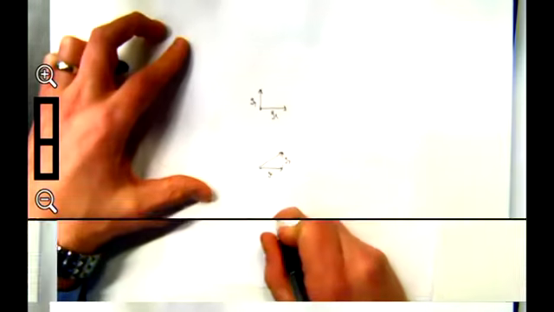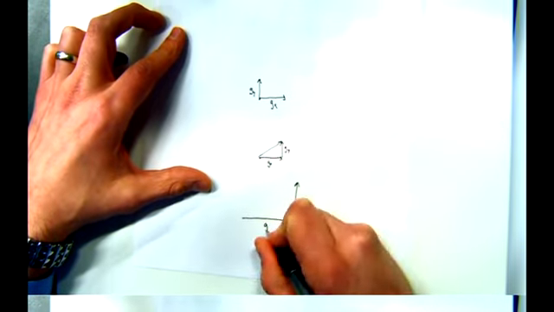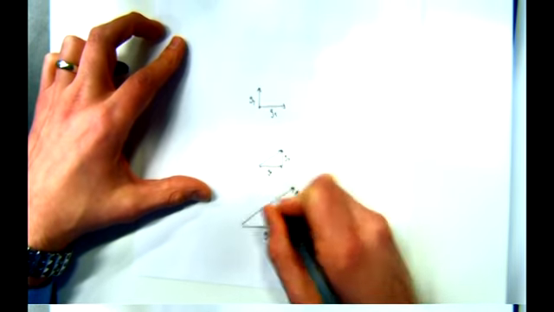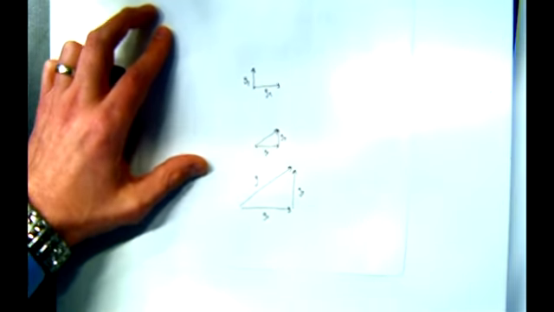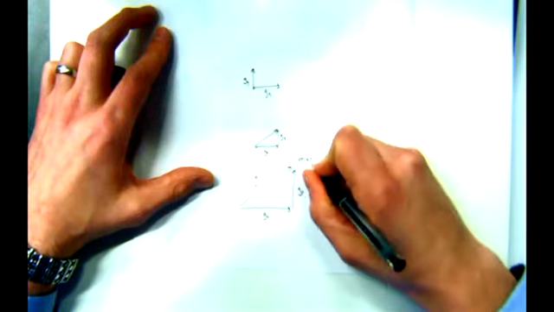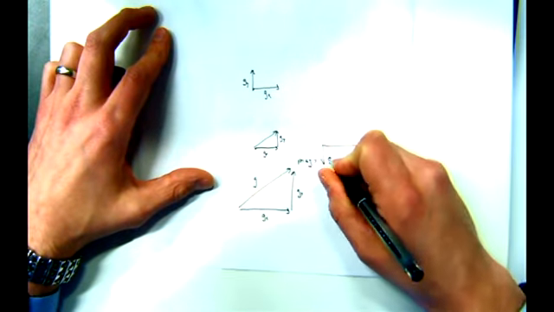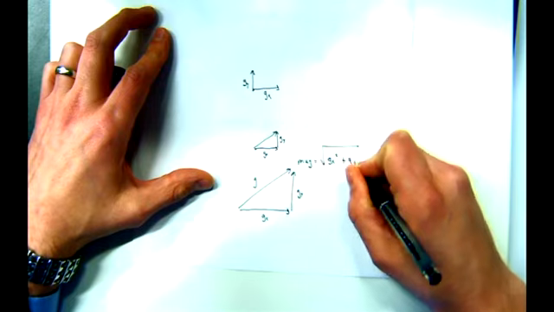All right, so I've got my gradient in the x direction, gradient in the y direction, and my overall gradient. And then the magnitude, the length of this, is the square root of gx squared plus gy squared.